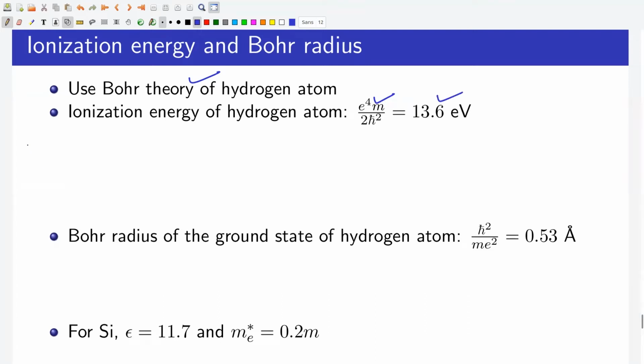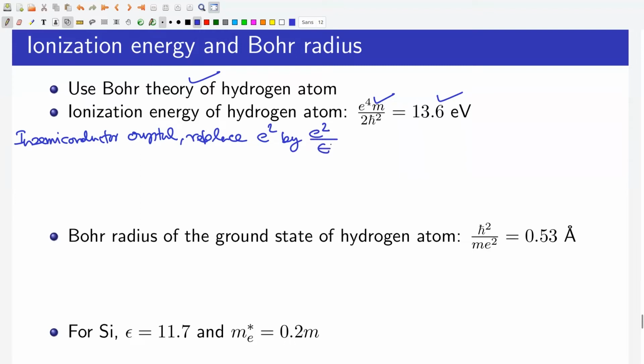In a semiconductor crystal, replace e^2 by e^2 divided by epsilon.